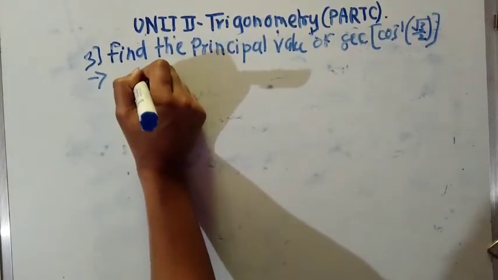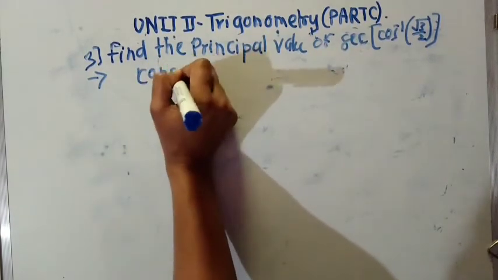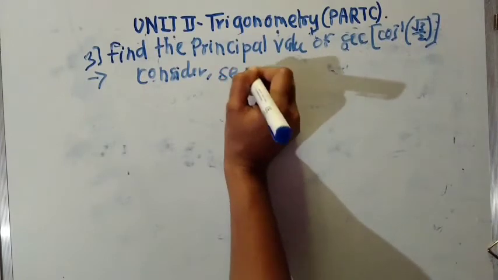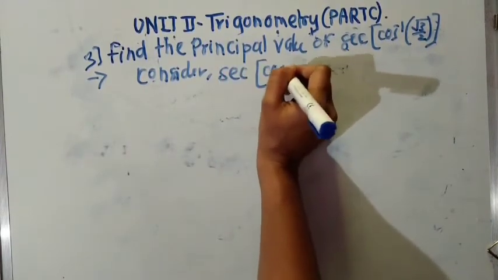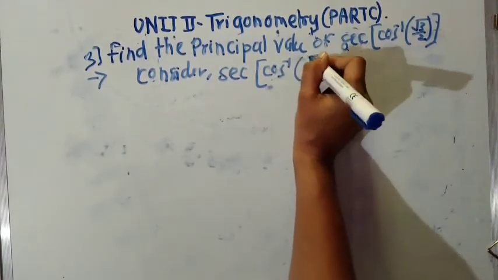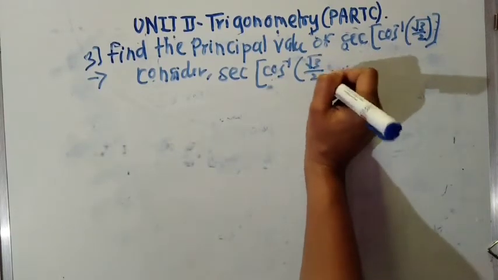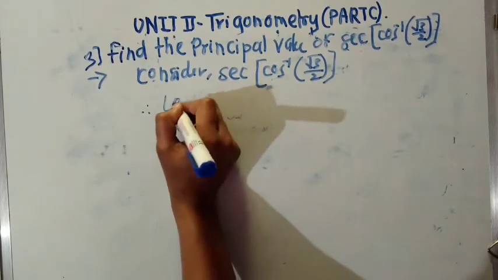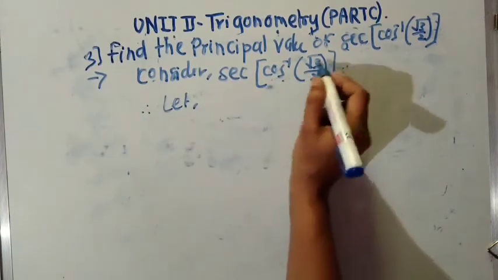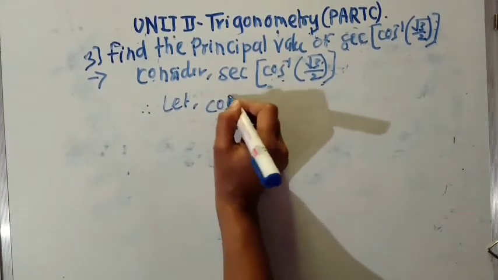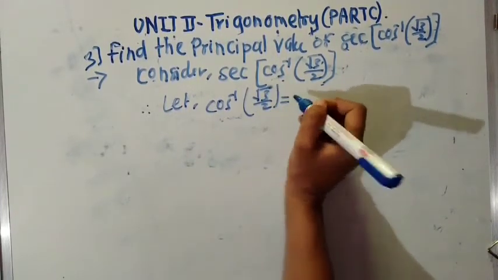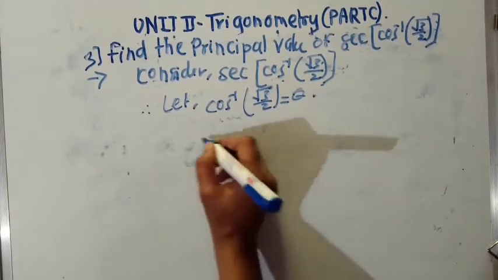So consider this sec cos inverse of √3 upon 2. Hence let us consider cos inverse of √3 upon 2 is equal to theta.